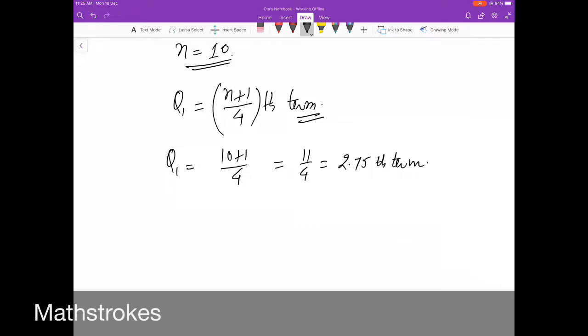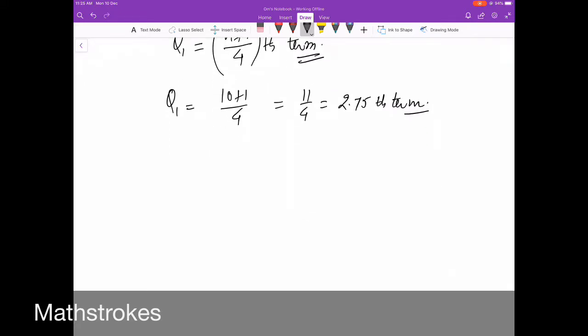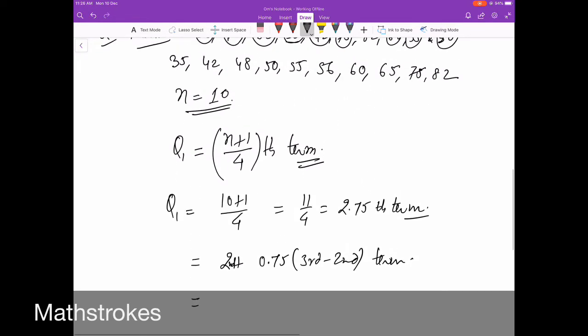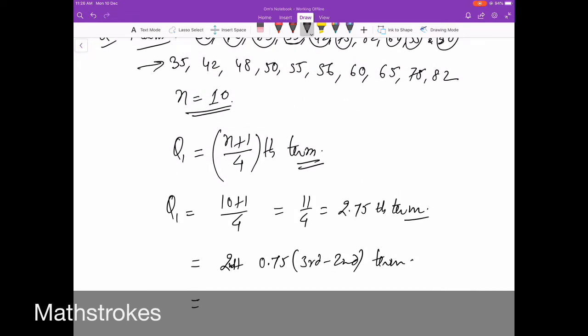There is nothing as such as a 2.75th term. So what we do is we write it as 2nd term plus 0.75 of (3rd minus 2nd) term. The second term in the arranged data is 42.